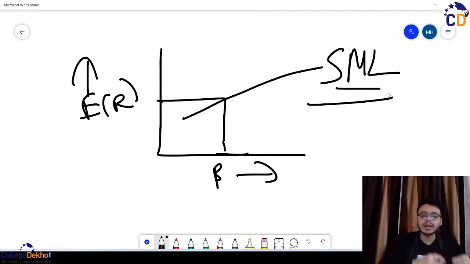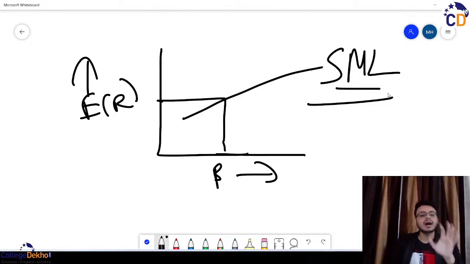The CAPM model is more in the nature of a theoretical concept. You talk about the formulas, you solve the questions, put in values, talk about the assumptions. But the security market line is a graphical representation of CAPM. If you want to represent CAPM graphically on pen and paper, whiteboard, Excel, or anywhere you wish, that's an SML model.